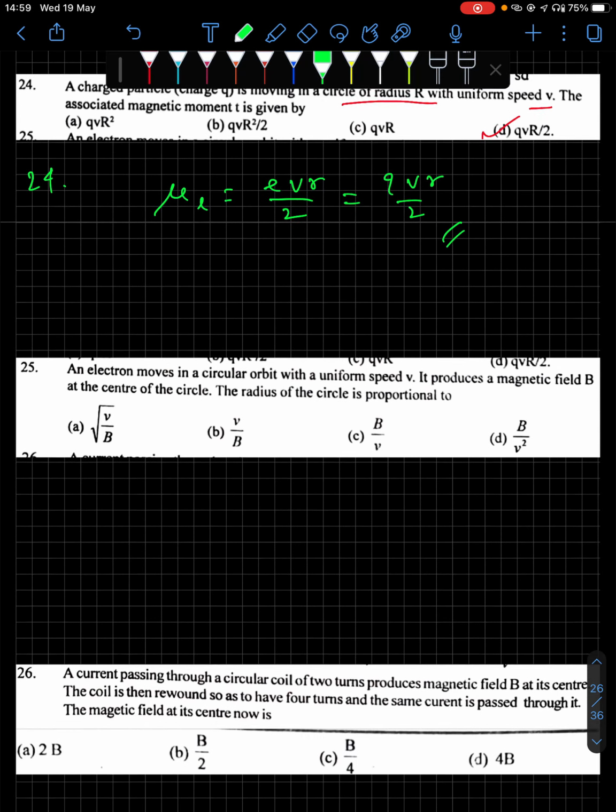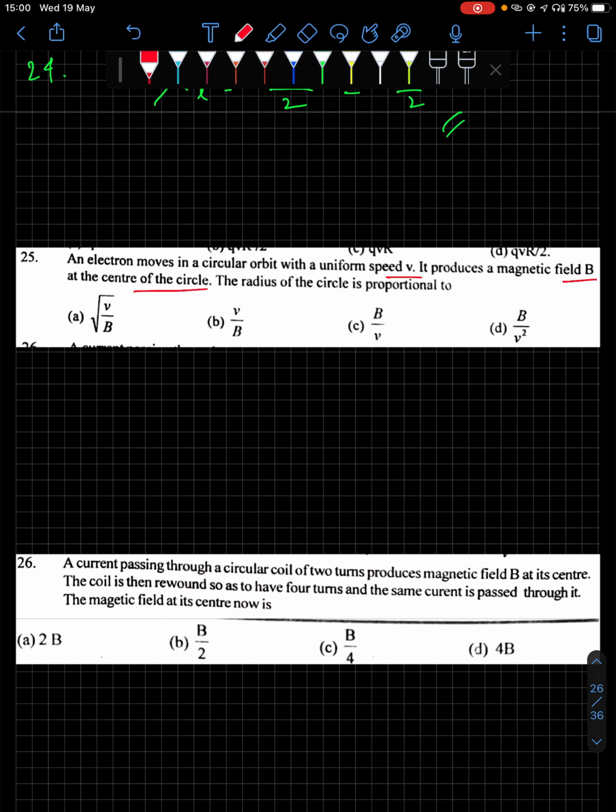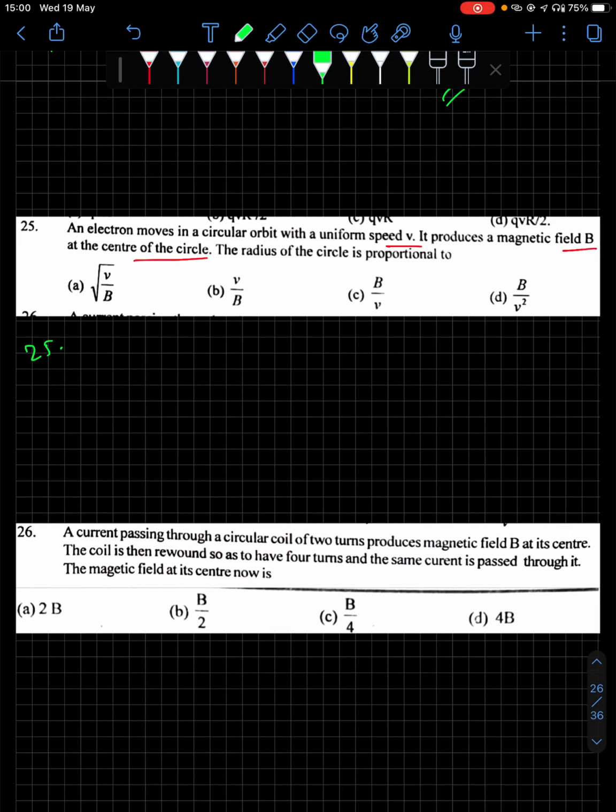So next, 25. An electron is moving along a circular orbit with uniform speed v. It produces magnetic field B at the center of the circle. You have to find out the radius is proportional to what. Now radius, we know, is equal to mv by qB, right?